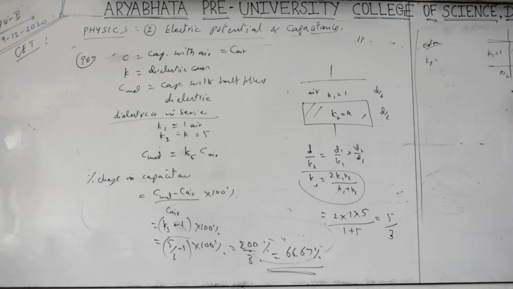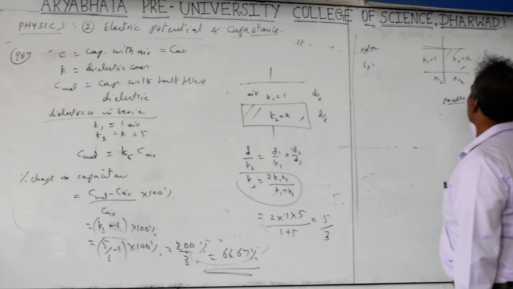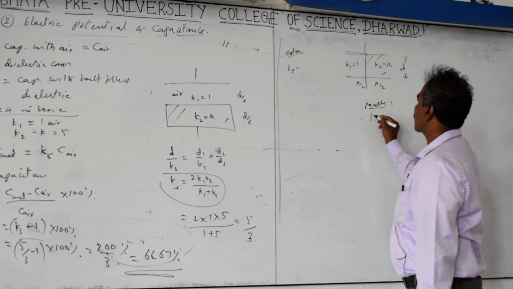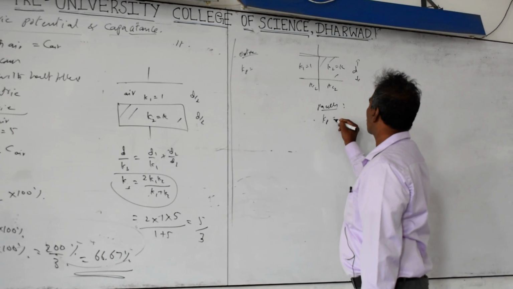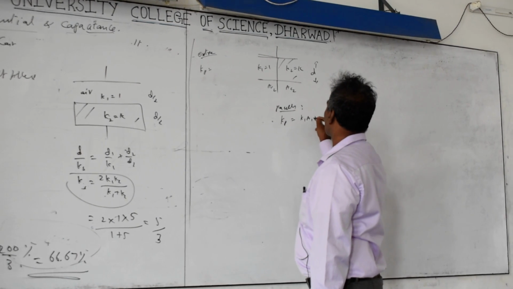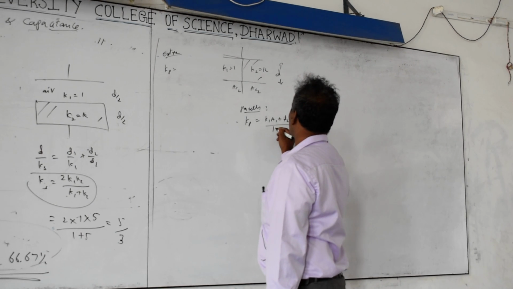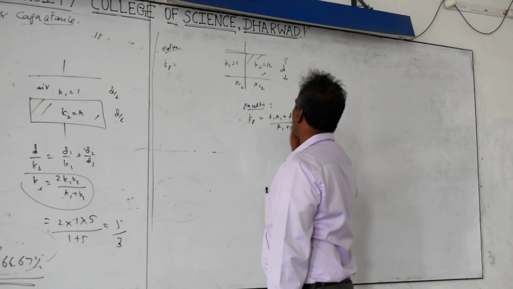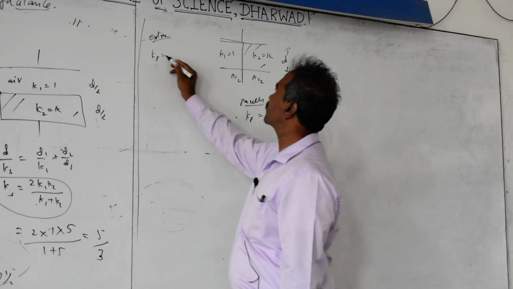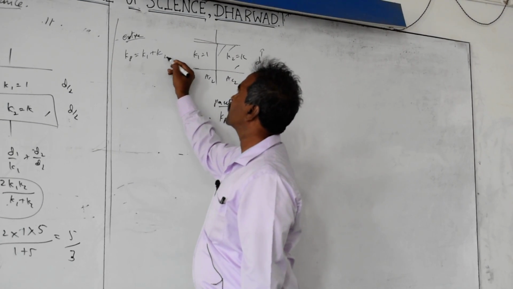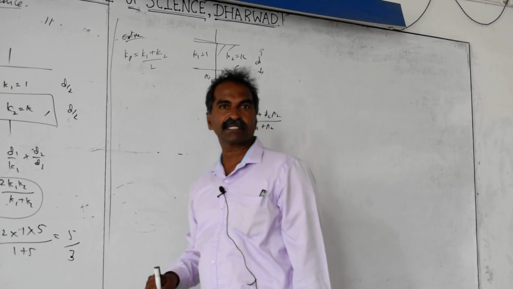This is for the parallel combination, parallel dielectrics. What you get here is K parallel equal to (K1 A1 plus K2 A2) by (A1 plus A2). The area is the same here, so the resultant becomes (K1 plus K2) by 2.